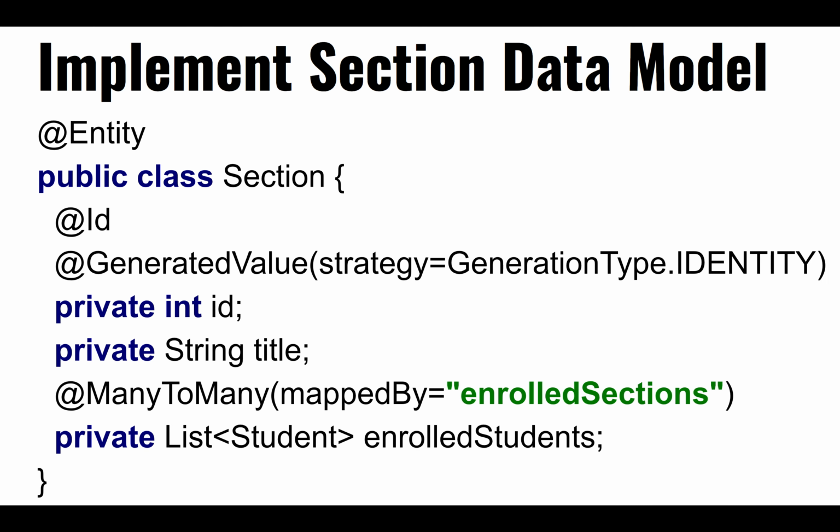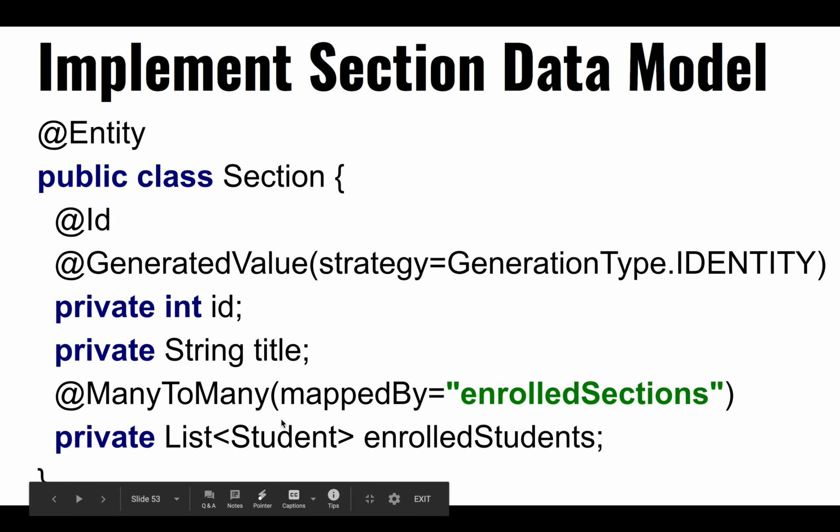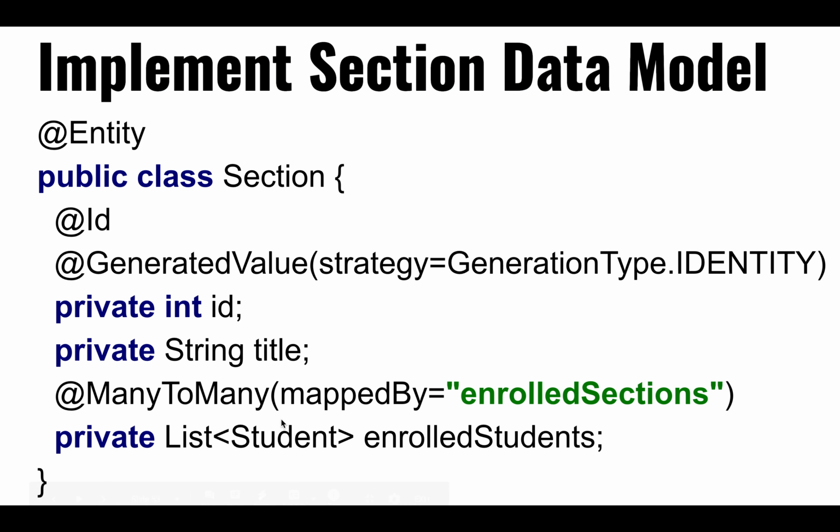To implement this, here's an example. We have the section entity, and you establish how the section and the enrollments are going to participate. For instance, the section is going to have a list of students, but the student is going to have a list of sections. You need to be able to see it from both sides.